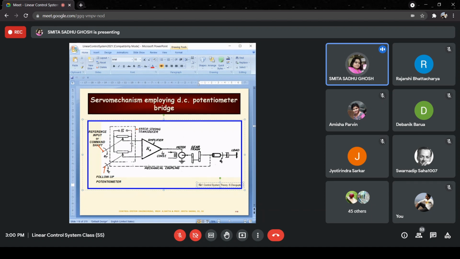If you recollect how we indicate the error sensor, basically by drawing a circular element with a cross symbol where inside we write the plus and the minus. So over here, the feedback is going to be negative in nature, that has to be indicated, whereas the reference is going to go to the positive side.